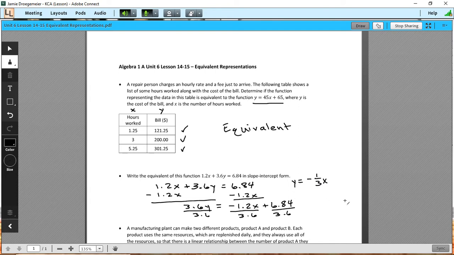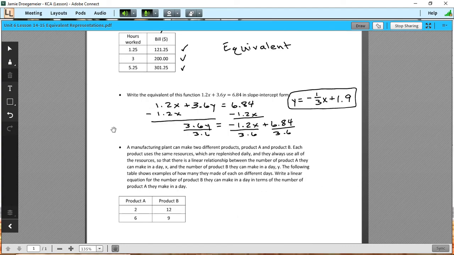And then if I take the 6.84 and divide it by 3.6, I get 1.9. And so that would be an equivalent equation just in slope-intercept form. So that's what we're talking about: different forms of the same information, the same function that we're dealing with.